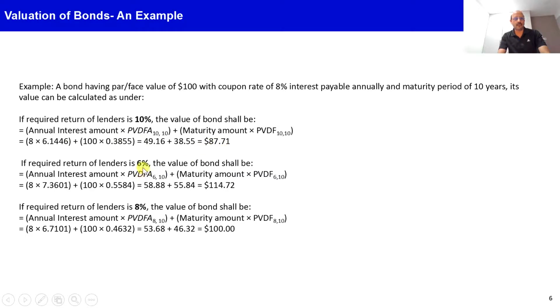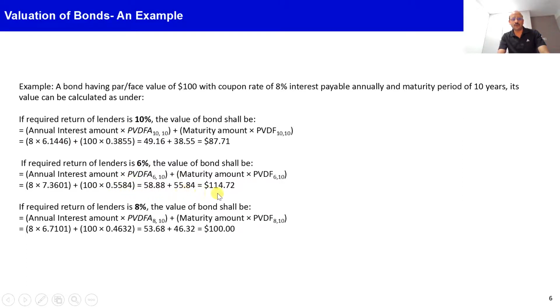Now, if the interest rate required by these bondholders is 6%, which is lower than the coupon rate, in that case, the PVDFA factor will be higher than the earlier one because of the lower discounting rate, and similarly, the PVDF factor also will be higher than the earlier one because of the lower discounting rate.